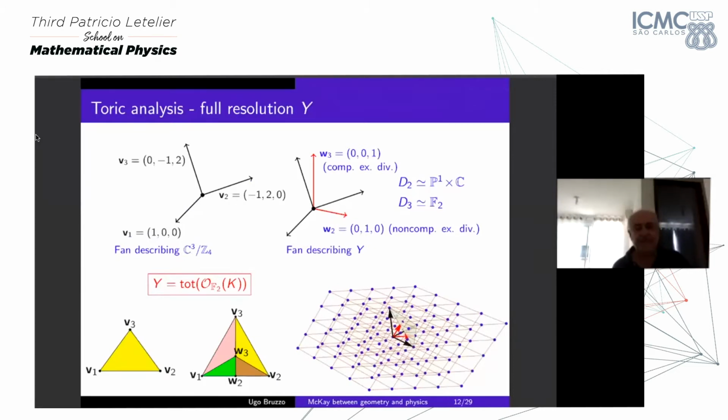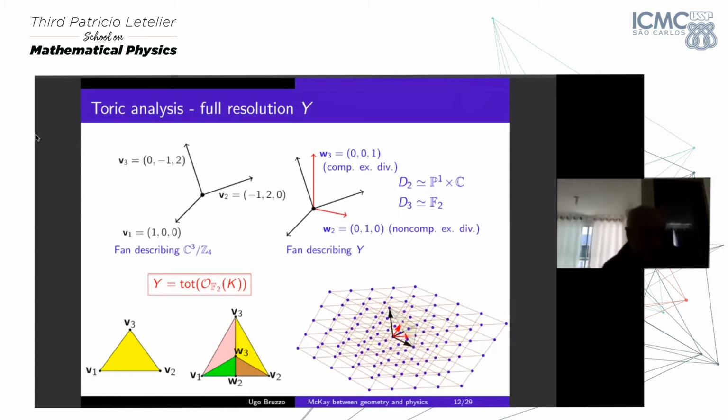What happens is that C3 is quite clearly a toric variety. It's a toric variety, affine, of course, which corresponds to the cone which is the first octant of R3, generated by the three standard basis vectors for R3.